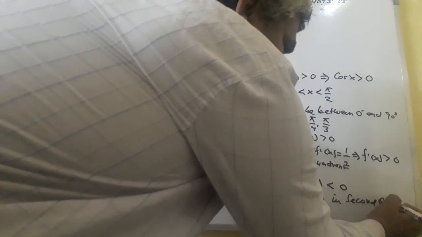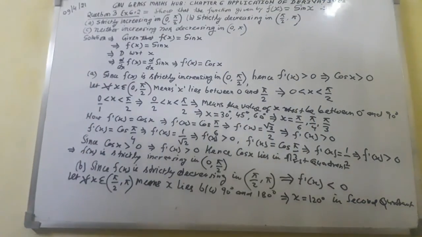So 120 degree lies in second quadrant. In second quadrant, cos x comes out to be negative.